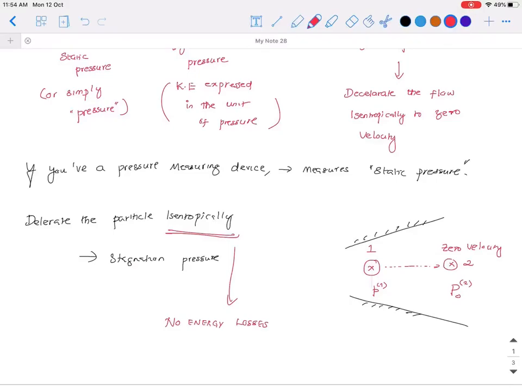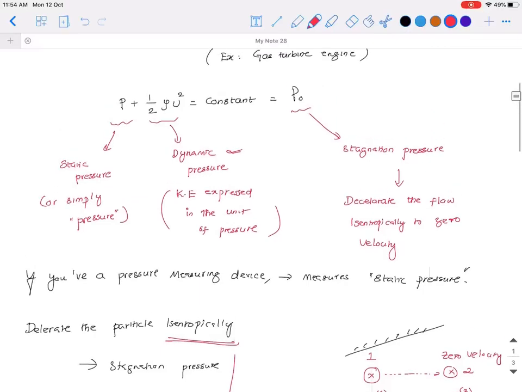Here, in this context, isentropic deceleration means there are no energy losses associated with friction or any other factor. So you should know that stagnation pressure is obtained by decelerating the flow isentropically to zero velocity. That should be clear.